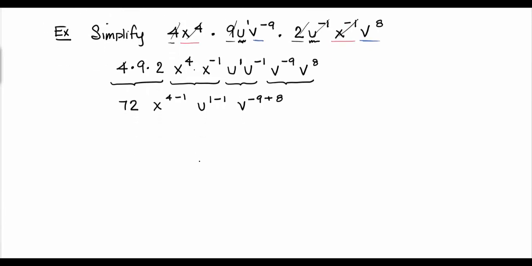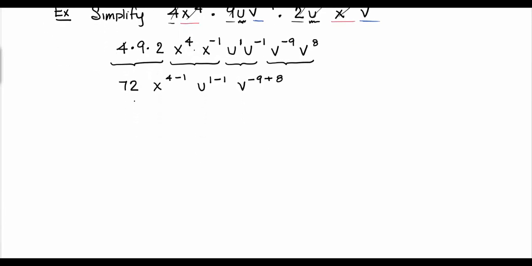So let's go ahead and start simplifying this again. So I have 72, x to the 3rd, u to the 0, v to the negative 1. And what does u to the 0 equal? Well, we know that equals 1. So I basically have 72 x cubed v to the negative 1.